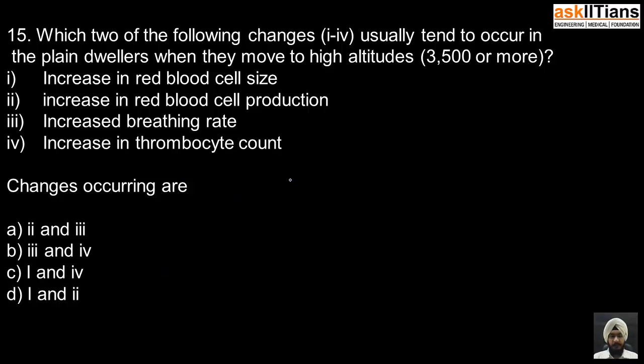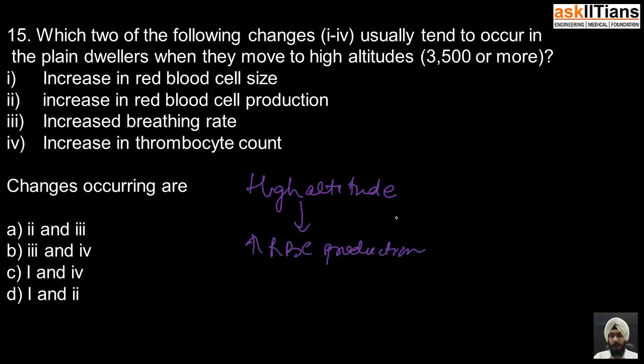So as also stated previously, when a person moves to high altitude, since there is less delivery of oxygen to the tissues, to compensate for that, there is increased RBC production, so that more hemoglobin is available for binding to oxygen.